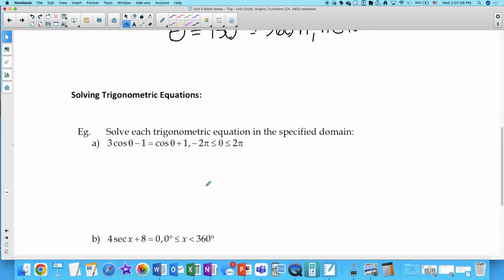Essentially, if we collect all of our cosine thetas on one side and all of our numbers on the other, then we can start to work towards getting a trig ratio. Okay, it's like solving a linear equation. I'm going to subtract cosine of theta from this side so that I have, this is now 2 cosine theta minus 1 equals 1. And then I'll add 1 to both sides.